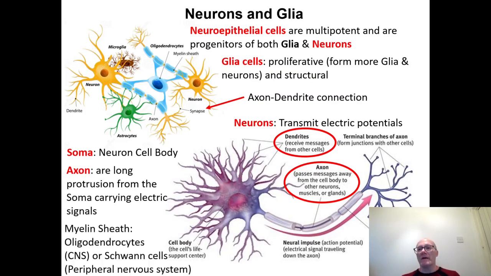Now, one particular and very important characteristic of axons is that axons have a myelin sheath.